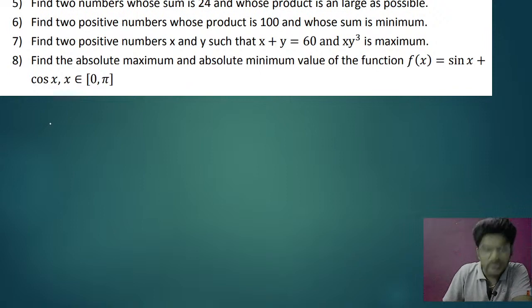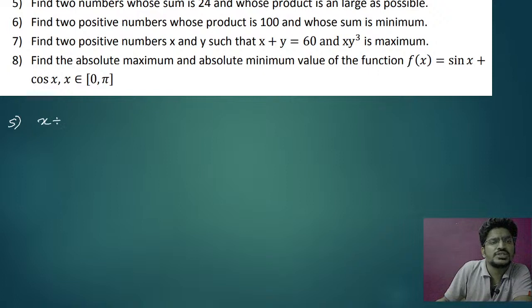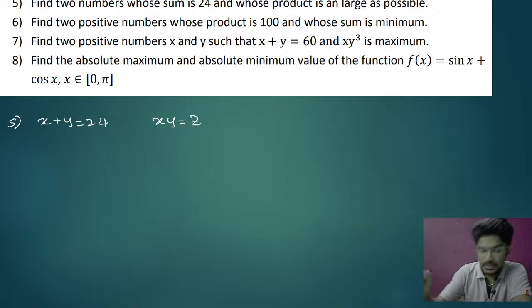So now you see the fifth question, that is, find the two numbers whose sum is 24 and the product is as large as possible.